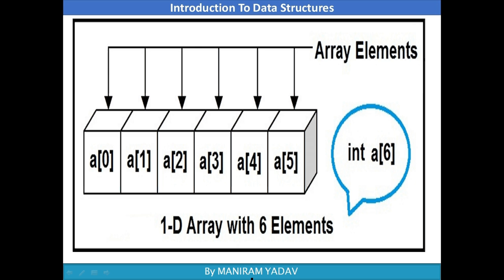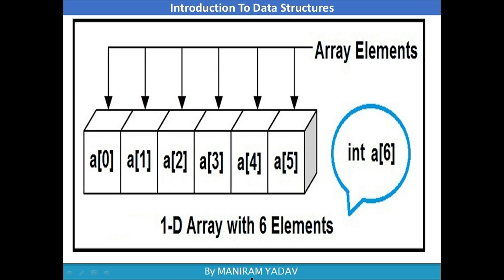So it will start from 0 and it will go till a5. 6 minus 1 equal to 5. Value of n equal to 6 and n minus 1 is equal to 5. So all the data will be stored at the index 0, 1, 2, 3, 4 and 5.